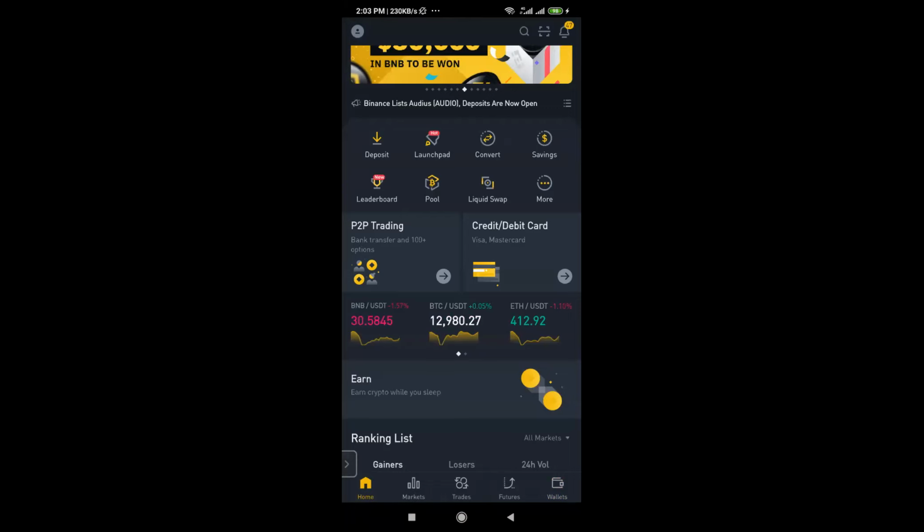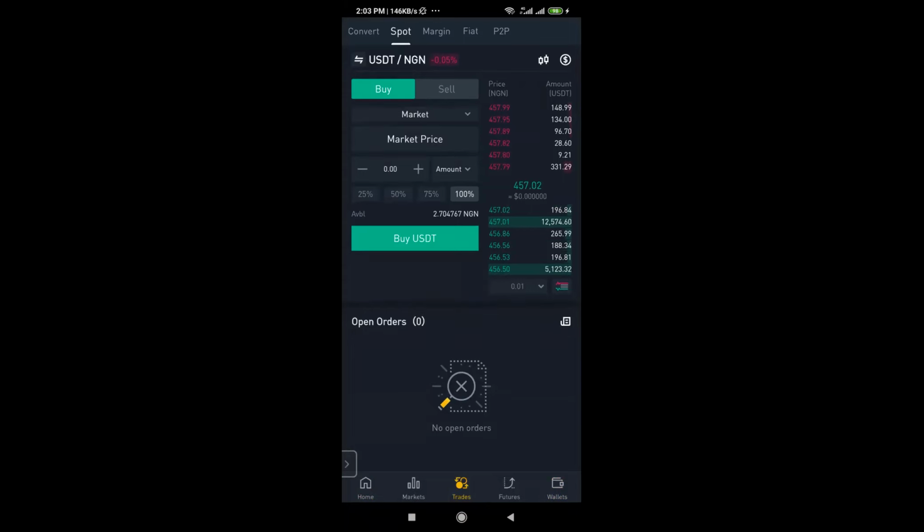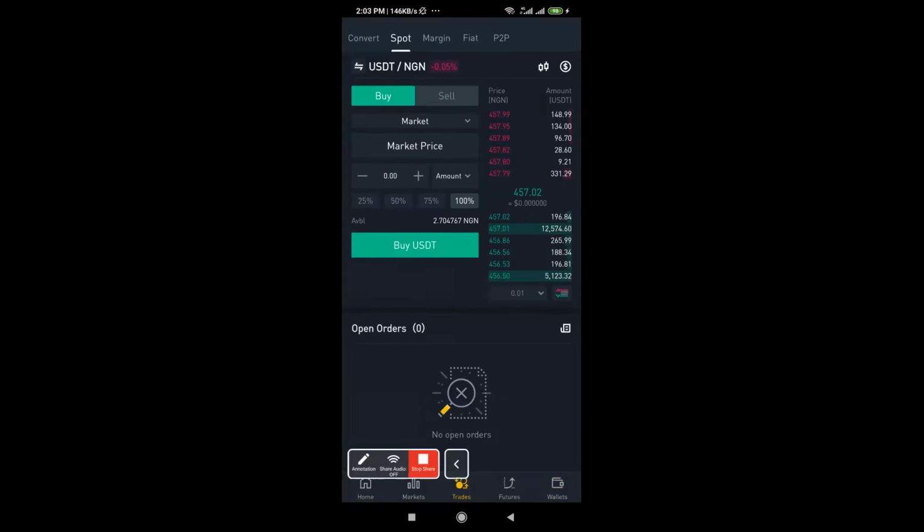Come to Trades. This is the trading screen, and this is my order book.